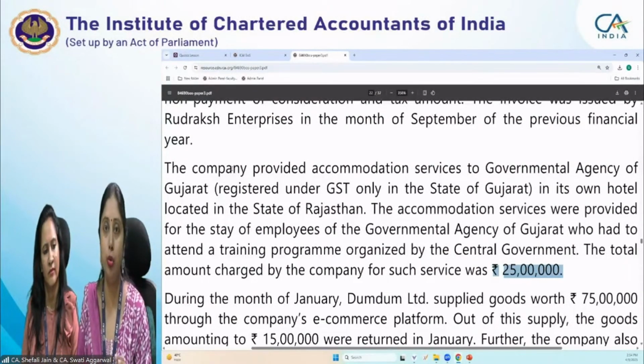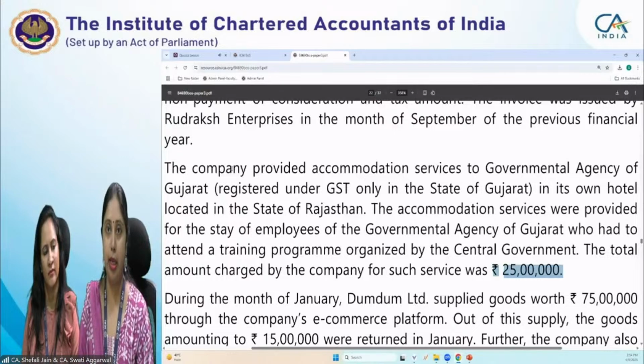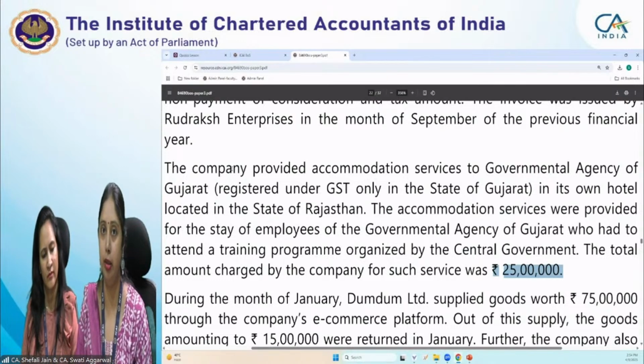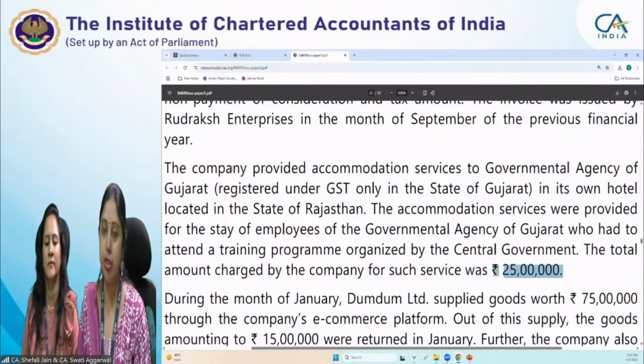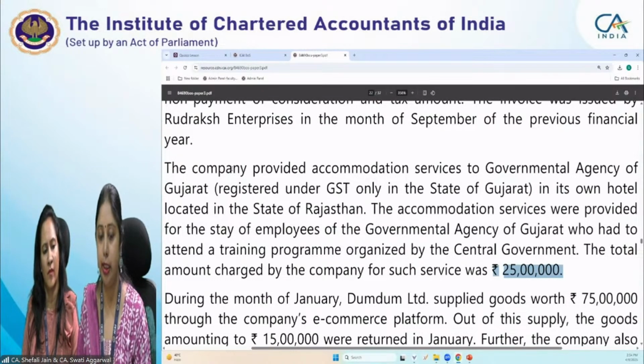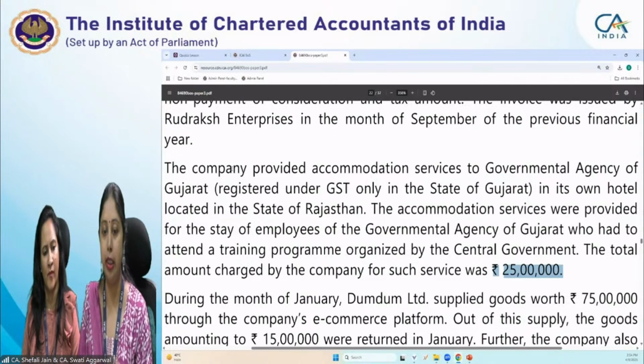So there are three pieces of information which are important. Supply किसको किया है? Governmental agency को. होटल कहाँ लोकेटेड है? राजस्थान में। और हमारा जो सप्लायर है वो हर उस स्टेट में रजिस्टर्ड है जहां वो सप्लाई करता है, तो वो राजस्थान में भी रजिस्टर्ड होगा, because this information is given in the beginning itself. Accommodation services गवर्नमेंटल एजेंसी ने अपने एम्प्लॉइज के लिए ली है और अमाउंट जो है वो 25 लाख है। I think enough explanation we have given you regarding this piece of information.